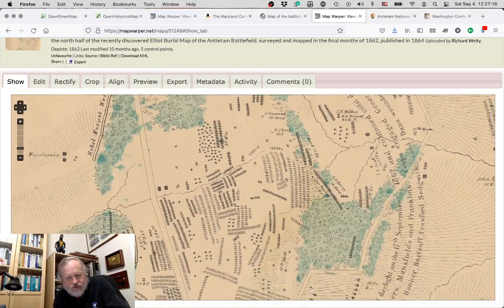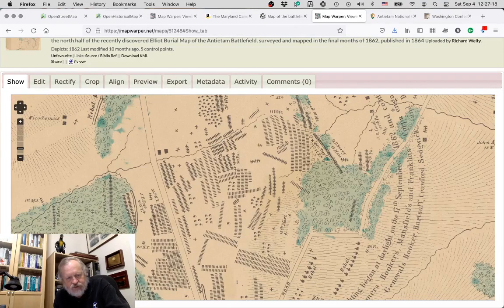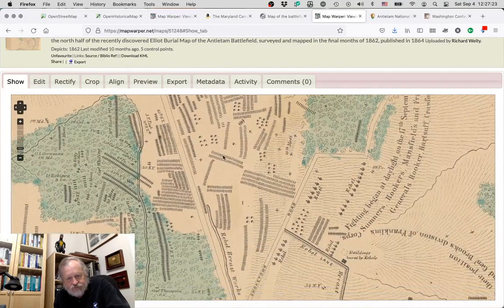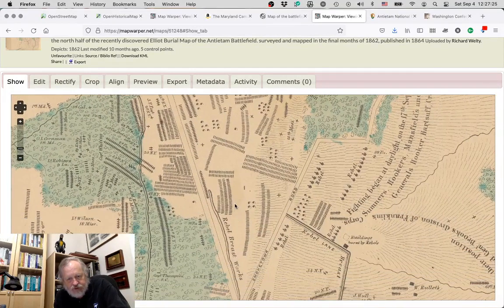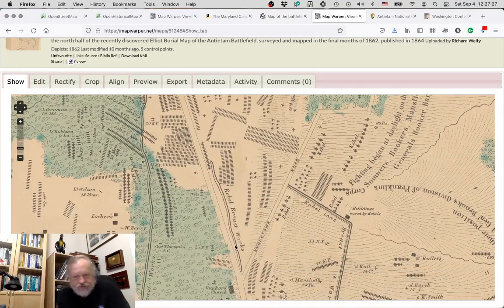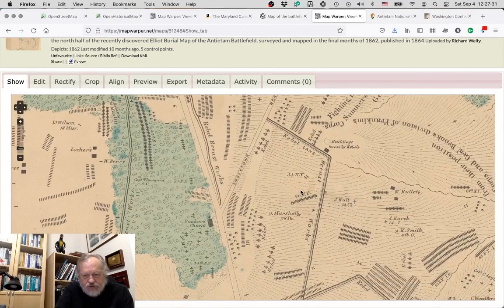North Woods, the East Woods, the West Woods. These are all pretty significant landmarks. A lot of these things haven't really moved in the time since.